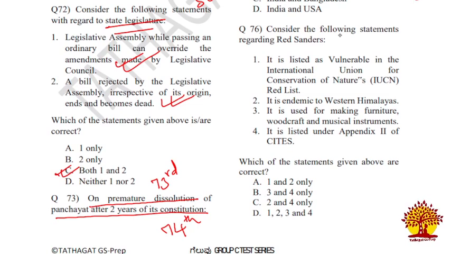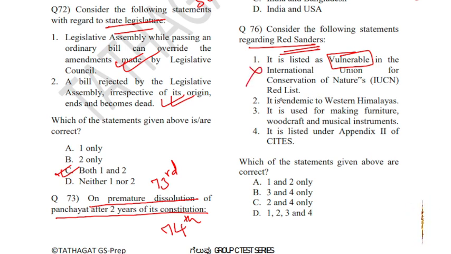Next, consider the following statement regarding red sanders. Red sanders, it is listed as a vulnerable in the IUCN list. Wrong one, incorrect statement. Next, it is endemic to Western Himalaya. It is also wrong one. I will tell you why. First statement, it is not a vulnerable, it is an endangered species.